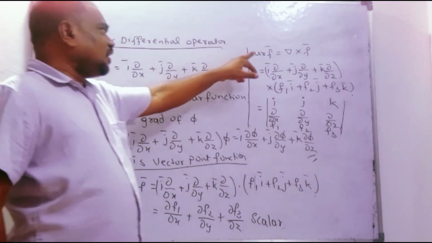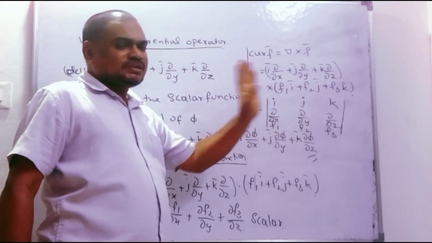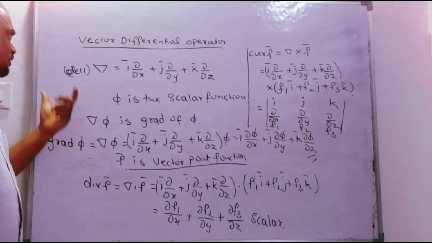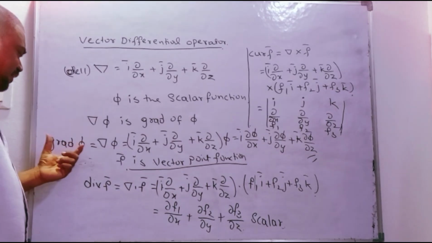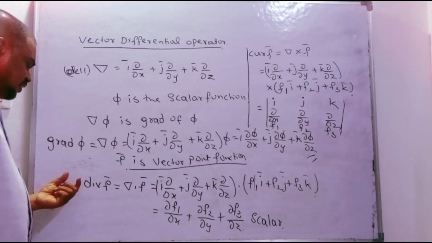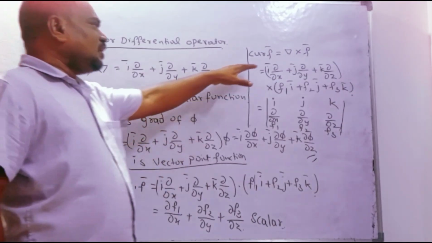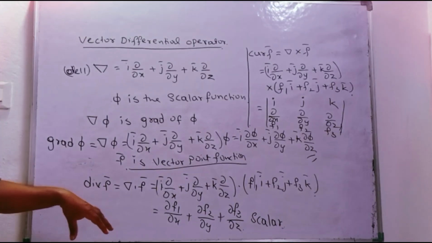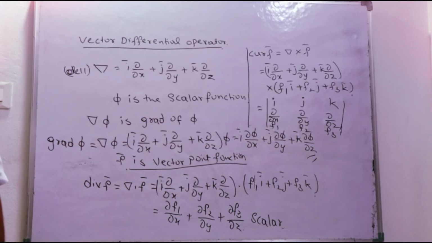In case of curl F bar, del cross F bar, you will get the vector function. So by using the differential operator, you can find the gradient of the scalar function, divergence of the vector function, and curl of the vector function. These are the three operations in vector differentiation, and this is very important.